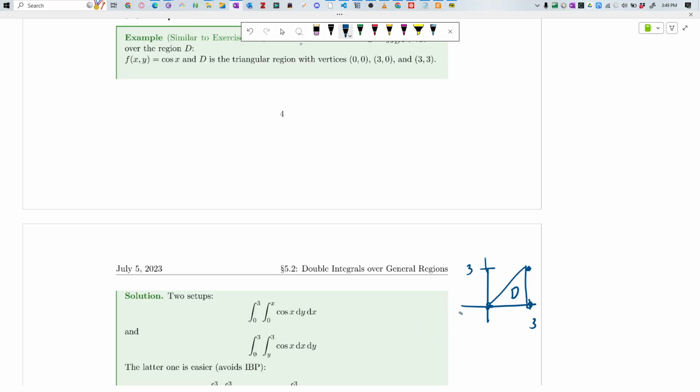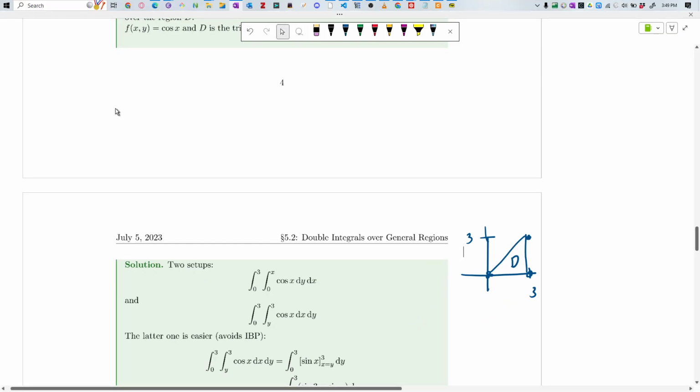So notice that there are two ways that we could set up this integral, that we could sweep over this region D. If we had our outer integral as x, then x ranges from 0 to 3 like this, and then the lower function would have y equals 0, the upper function would have y equals x. So we could end up with this setup. Okay.